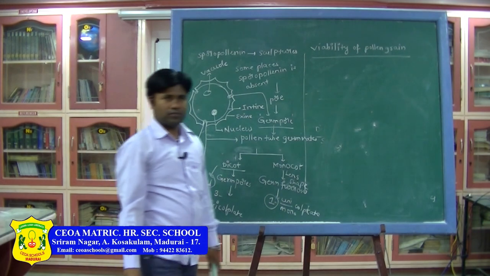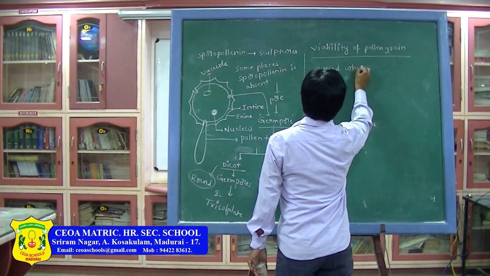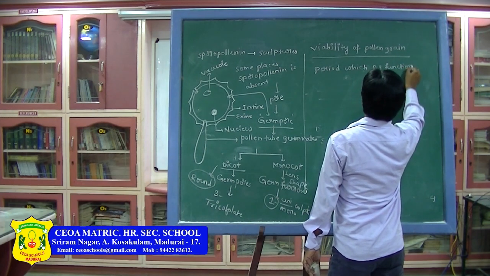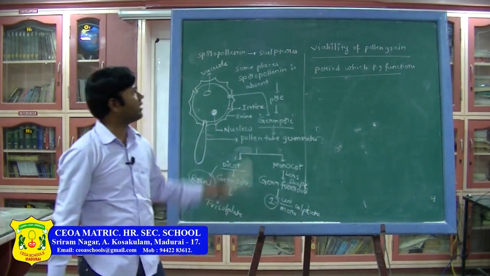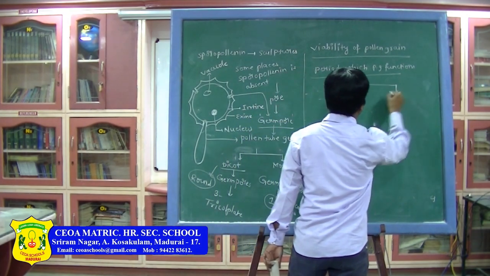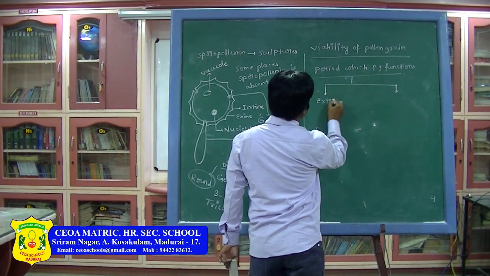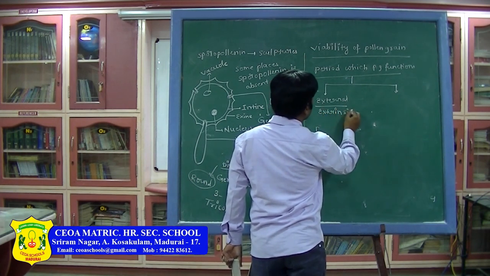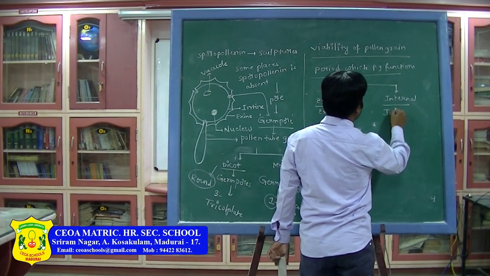The period of time for which the pollen grain functions, how much time it will be in a functional mode, is called the viability of the pollen grain. There are 2 factors contributing to the viability of the pollen grain. One is external factors, which we also call extrinsic factors, whereas the other is internal factors, which we call intrinsic factors.